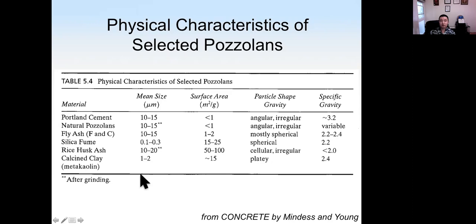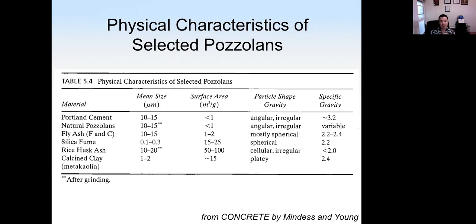The surface area of fly ash is similar to Portland cement, so are natural pozzolans, but for silica fume it is much higher. Higher surface area also means higher reactivity, because we have more contact area between water and these materials.